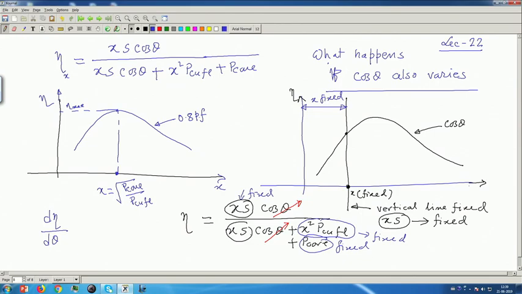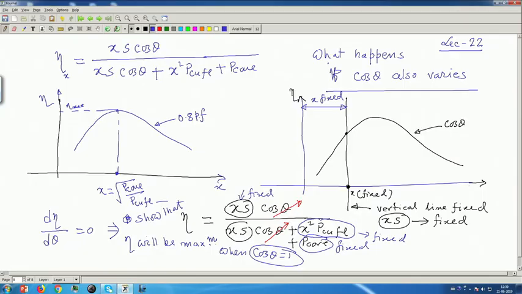So, it will not be very tough if you set this to 0 and show that eta will be maximum when cos theta is equal to 1. This is the thing.